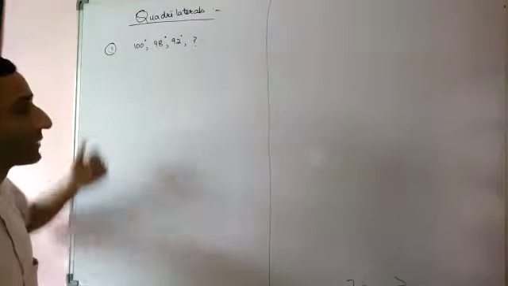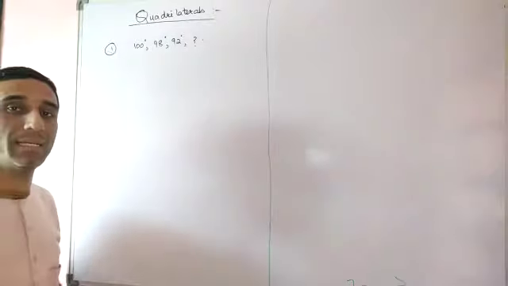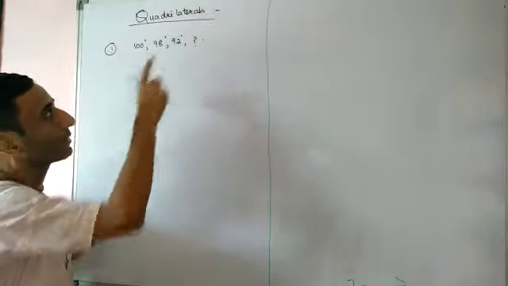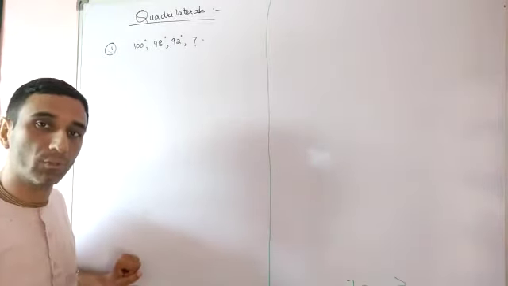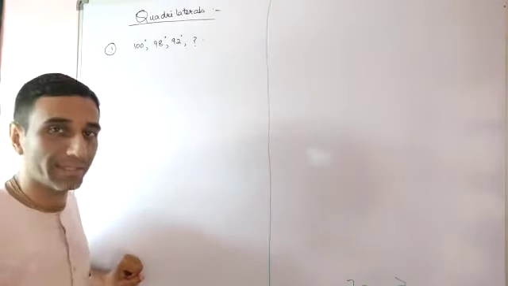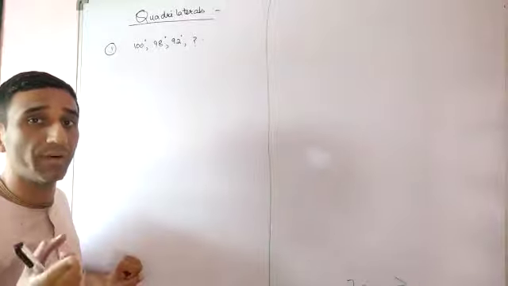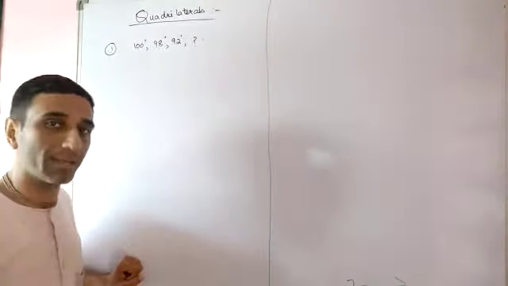So here we go. The first problem says that we are given three angles of a quadrilateral, which are 100 degrees, 92 degrees and 98 degrees. Now we need to find the fourth angle.